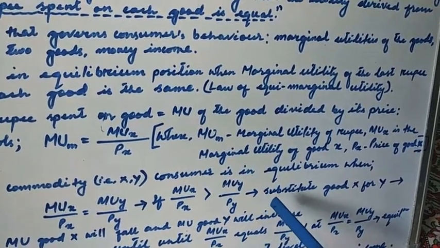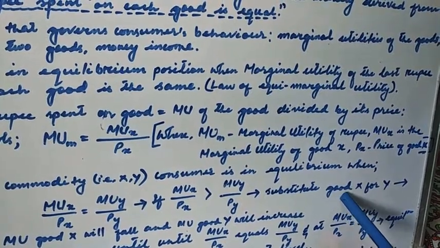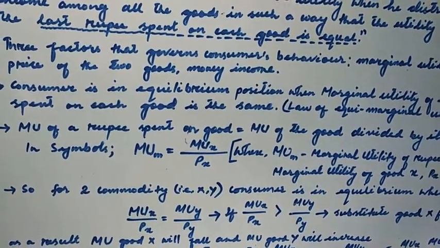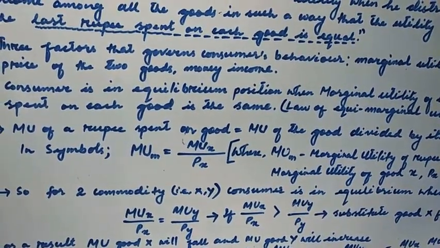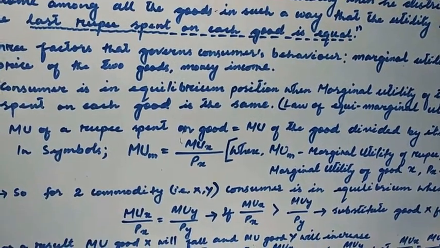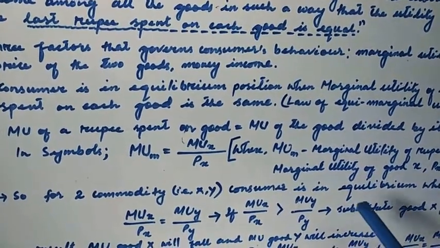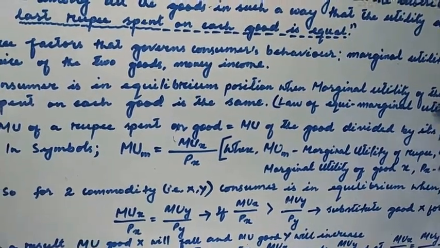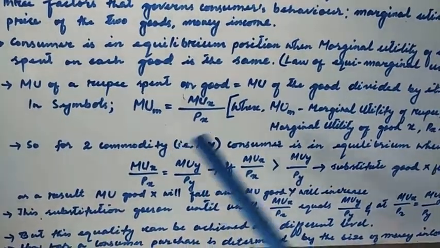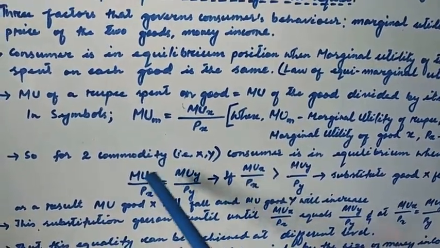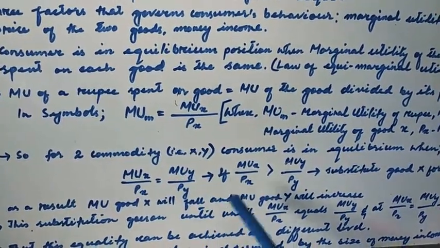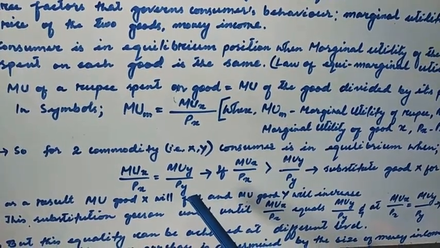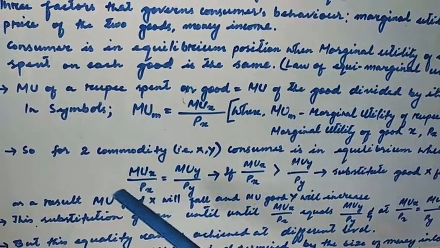In that case, a consumer will substitute good X for good Y until MUX/PX is again equal to MUY/PY. When they become equal, the consumer will again be in equilibrium. So it has to be equal if a consumer is to attain equilibrium; it cannot be greater or lesser. MUX/PX and MUY/PY must be equal.